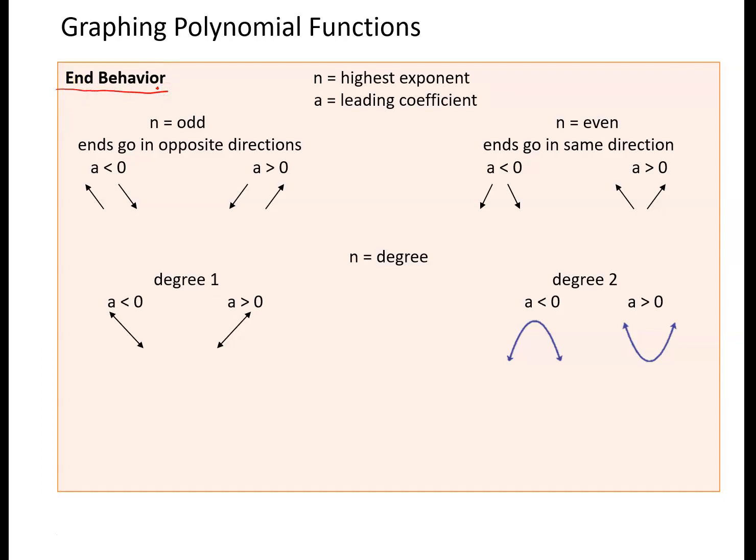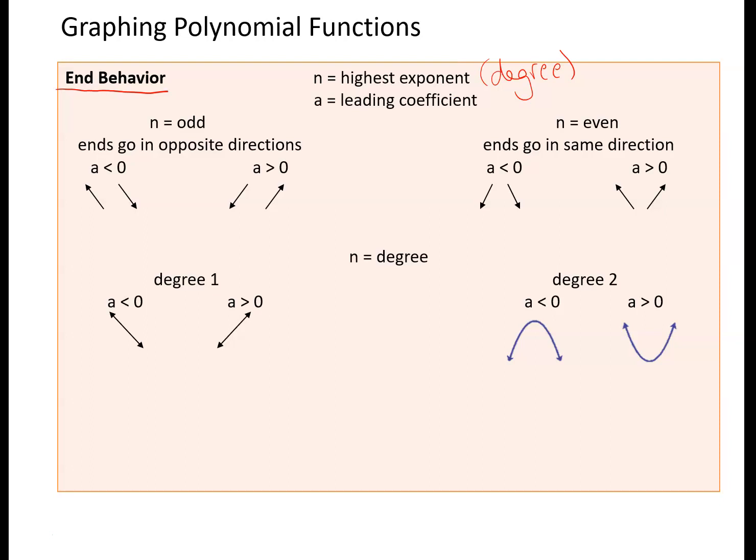End behavior means what is the graph going to do on the left end and on the right end. And we can determine this from looking at n, which is the highest exponent or the degree, and a, the leading coefficient. Those two numbers will tell us what the ends are going to do.